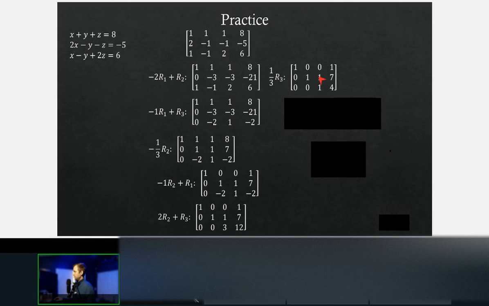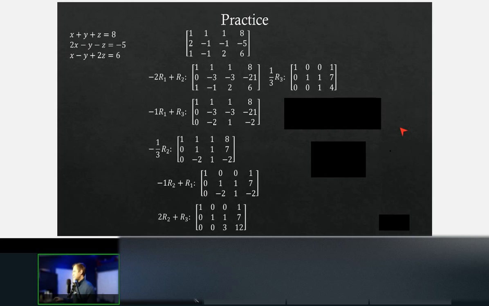So how can I make row two, how can I make that a 0? So -1 times row two plus row three.